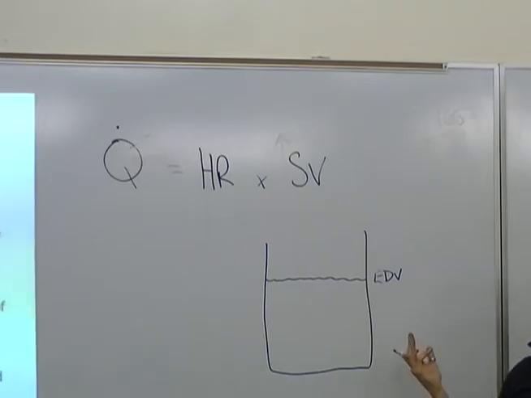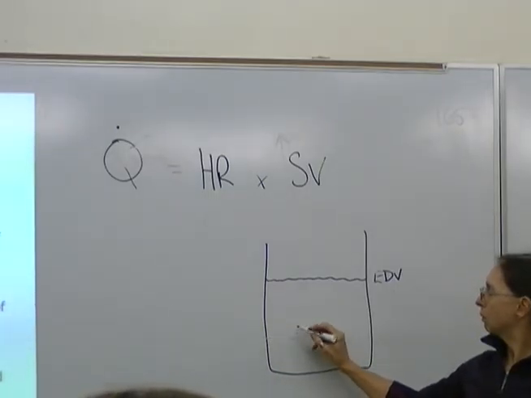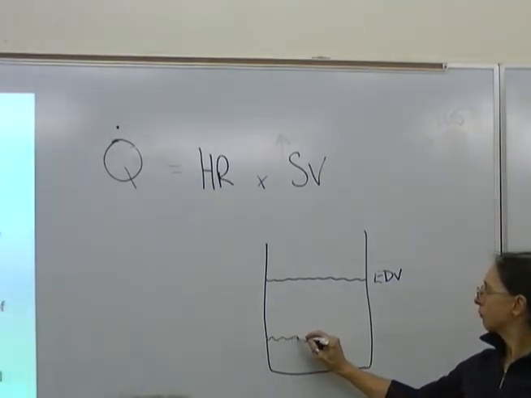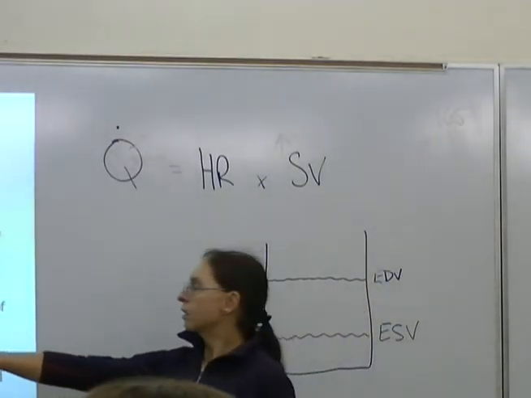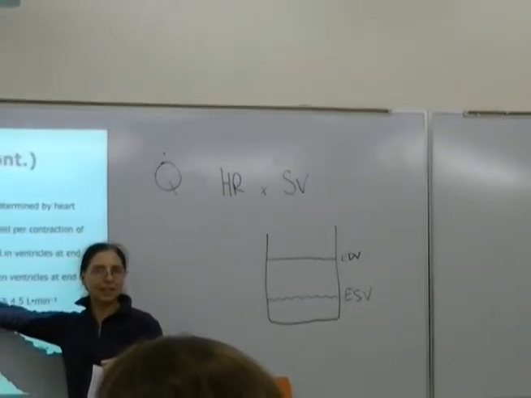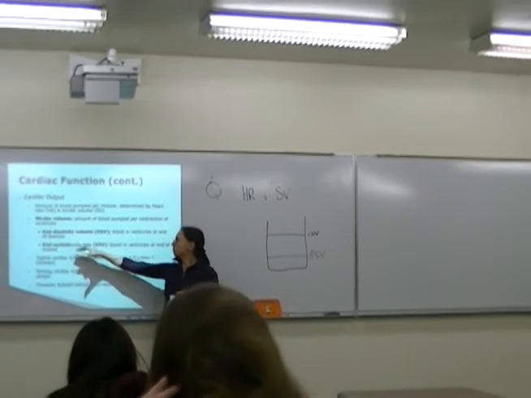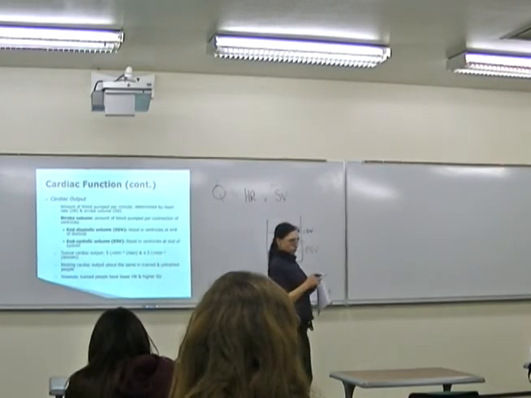How much water do I have left in the beaker at the end of the squish? That's systolic, end systolic volume, systole, contraction. How much blood is left in the ventricle at the end of contraction?